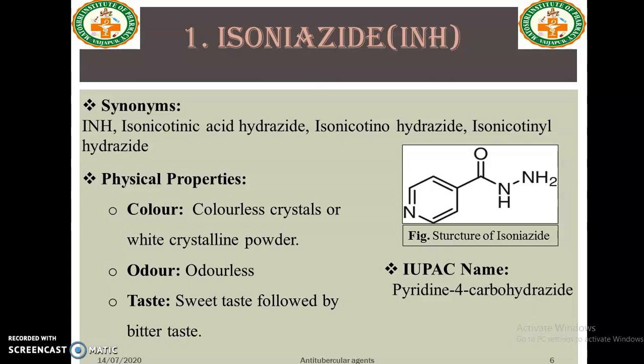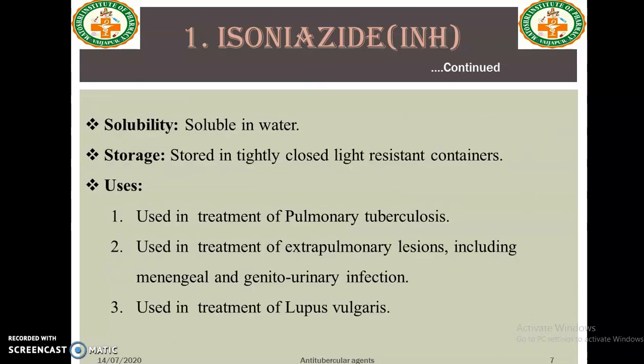Isoniazid is colorless crystals or white crystalline powder, mainly odorless and has a sweet taste followed by bitter taste. It is soluble in water and it is stored in tightly closed light resistant containers.